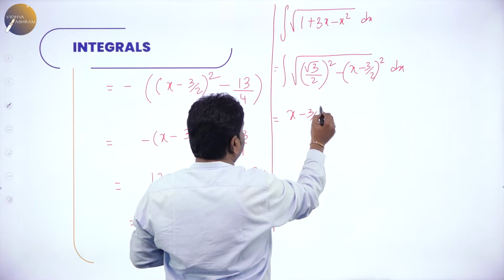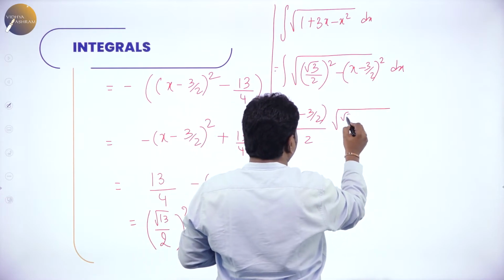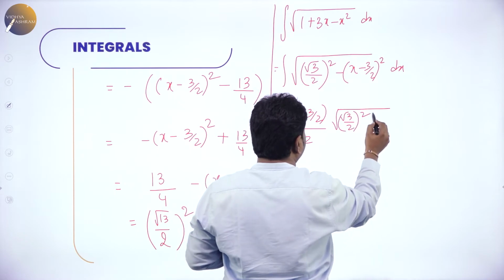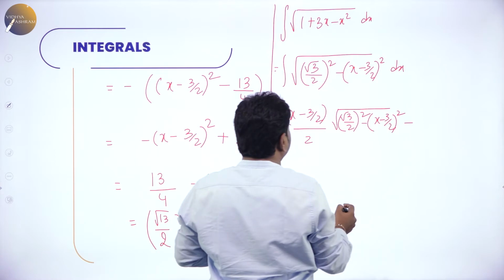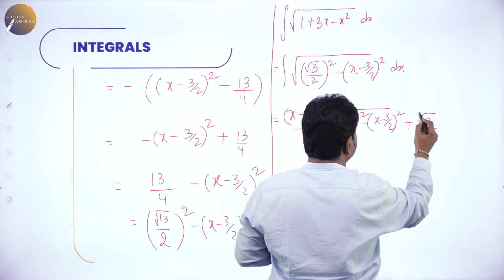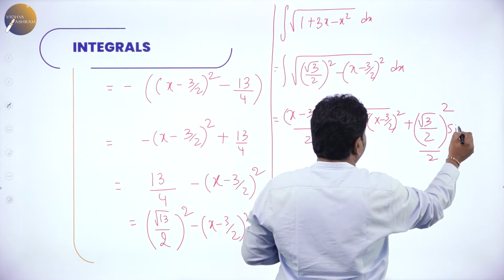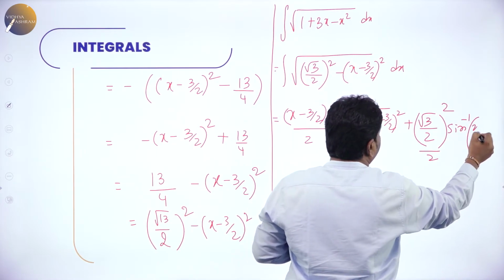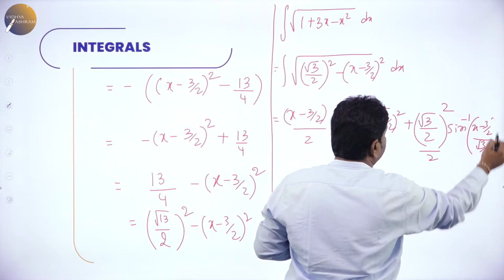So (x minus 3 by 2) by 2 times root of [(root 13 by 2) the whole square minus (x minus 3 by 2) the whole square], and then plus a square by 2, that is (root 13 by 2) the whole square by 2, times sin inverse of x by a. Sin inverse of (x minus 3 by 2) divided by a. A is what? Root 13 by 2, plus c.